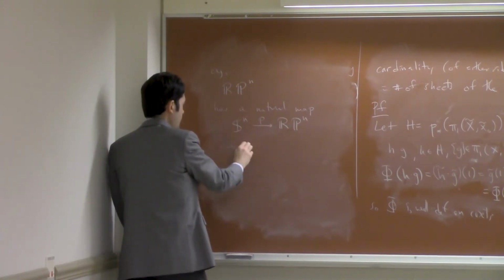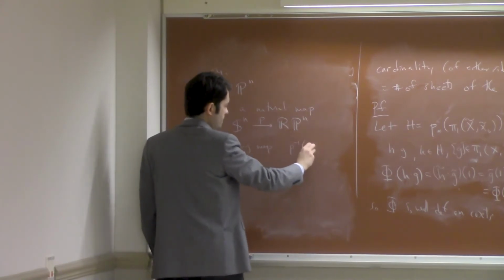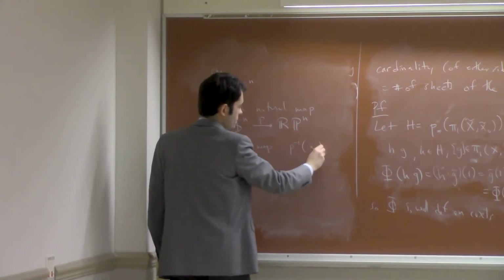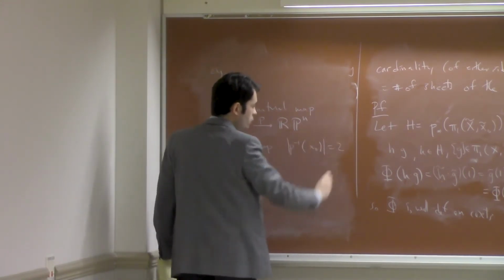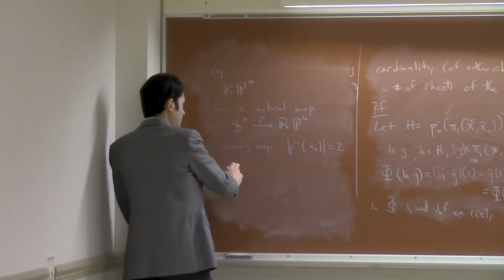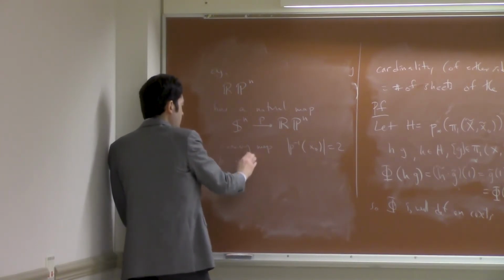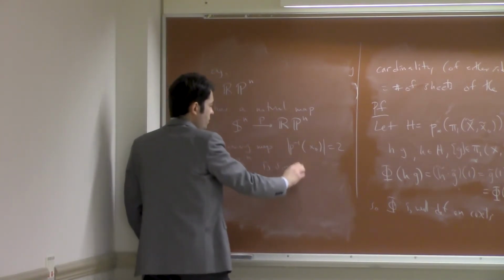So this is a covering map, and the inverse image of a point has cardinality 2, and Sn is simply connected. So this is a universal cover.